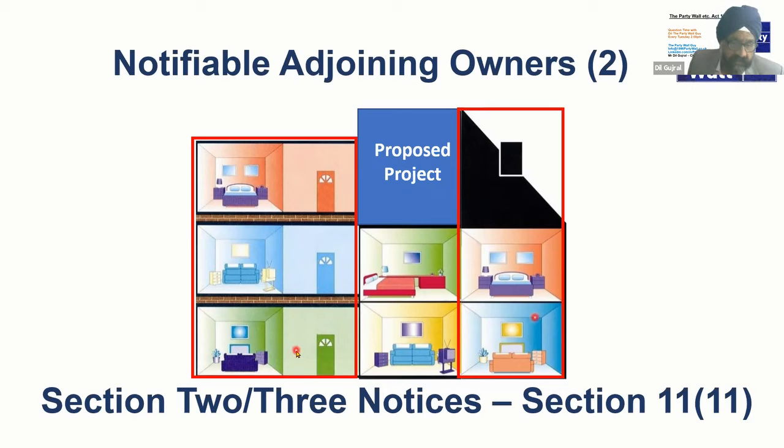So you've got Mr. Green, Mr. and Mrs. Green here, Mr. and Mrs. Blue here, and Mr. Red here. So they're all separate flat owners. Notifiable adjoining owners here, you've got the freeholder outlined by the red, and you've also got the leaseholder here that's notifiable. So in this scenario, you've got the freeholder here, the leaseholder here, and the freeholder on the other side. So in this scenario, we've got 3 adjoining owners.